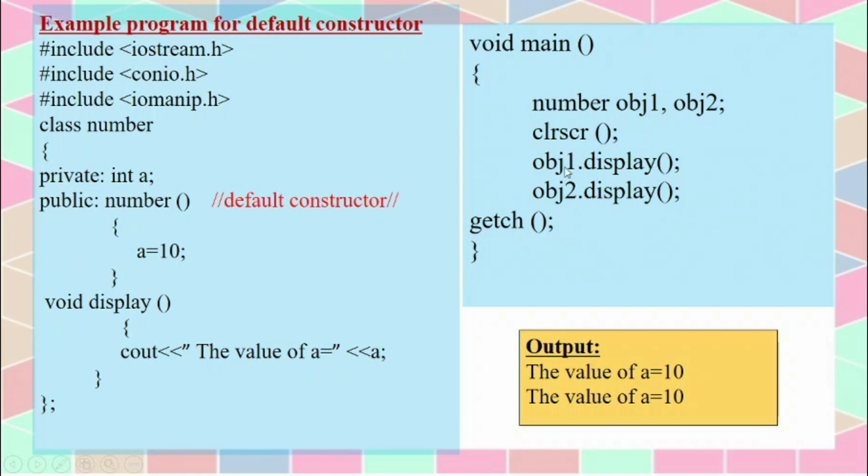So here object 1 dot display will display a equal to 10, and object 2 dot display also will print the value as a equal to 10. That means each time I create an object, automatically the same default constructor will be called.